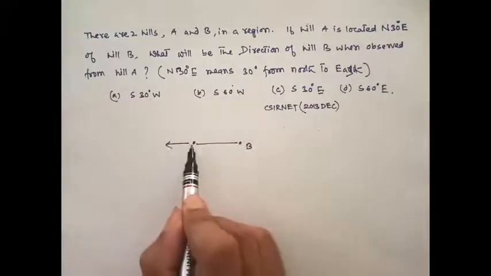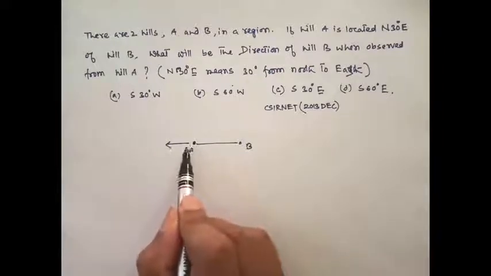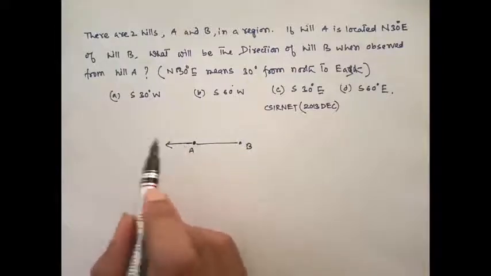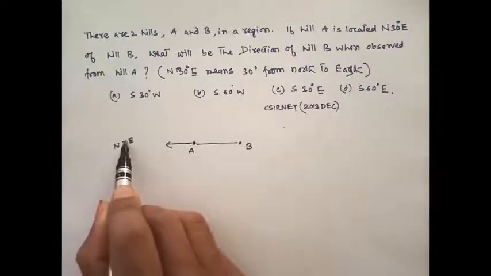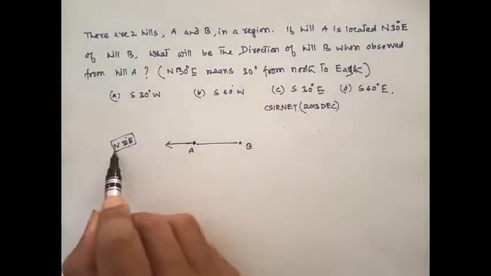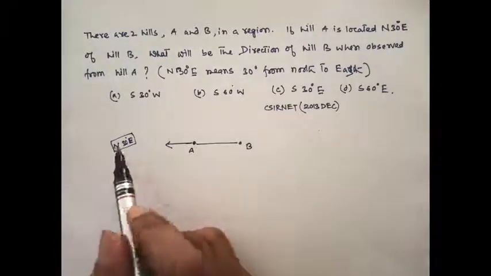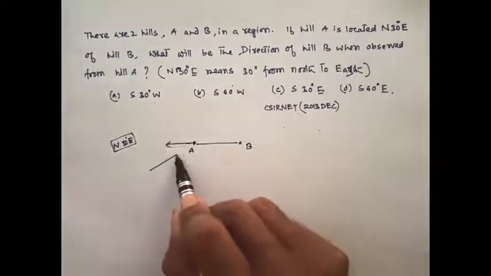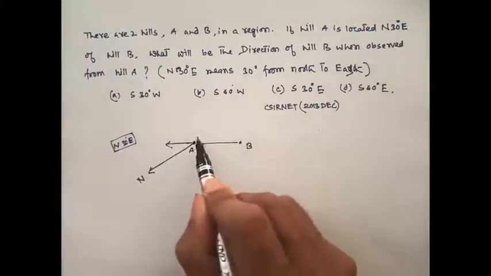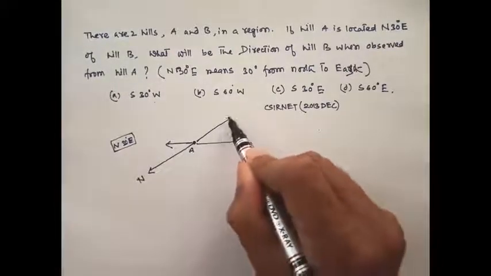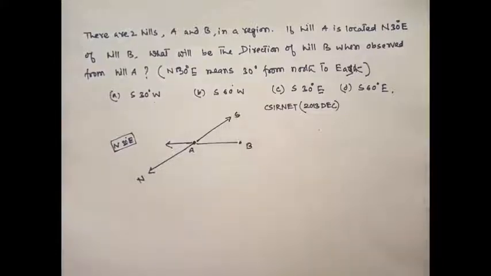So it is given that this direction of hill A is making an angle of 30 degrees, north to east. So it will make an angle with the north direction. This direction will be the opposite direction, the south direction.